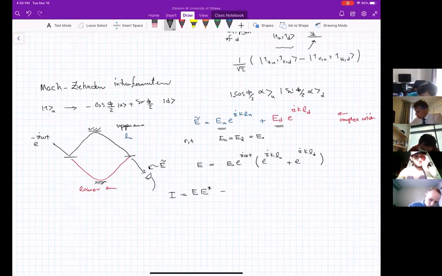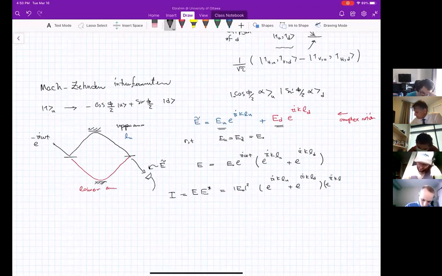So if you look at E E star, then you will get E0 squared, the exponential term goes away, and then I get e power of i k L u plus e power of i k L d times e power of minus i k L u plus e power of minus i k L d. Good.